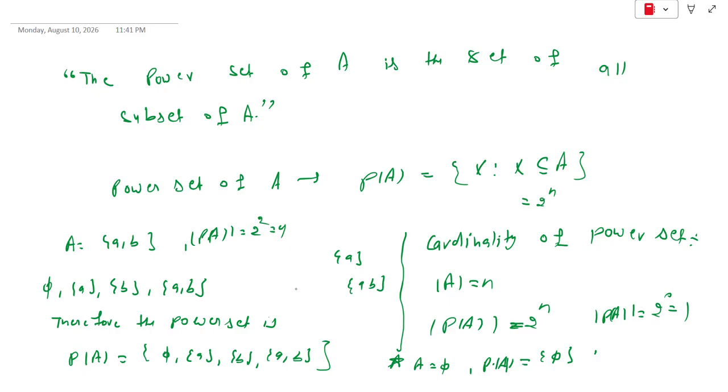So remember, the empty set has 0 elements, but its power set has 1 element.